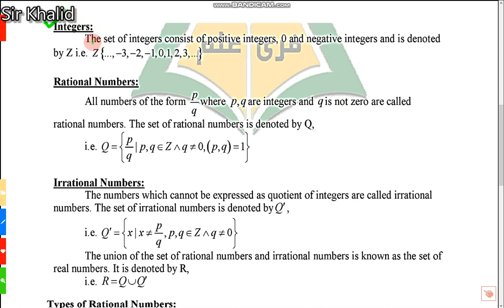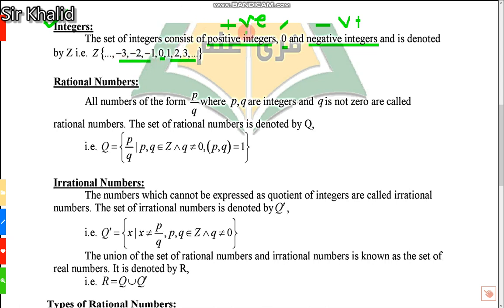The set of integers consists of positive integers, 0 and negative integers together, and is denoted by Z. On the right hand side there are positive integers, and on the left hand side there are negative integers.